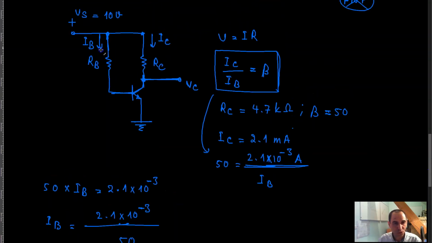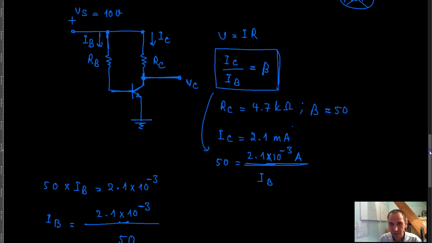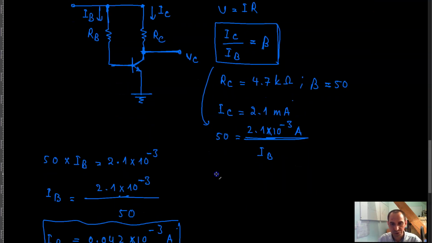So then how do I do that? There is a 10 volt supply on this resistor. So if I choose the resistor properly, the same current that I need over there will be flowing through the resistor, which means that I simply have to apply Ohm's law to the resistor, to the R of B. So the voltage across this resistor is 10 volts.